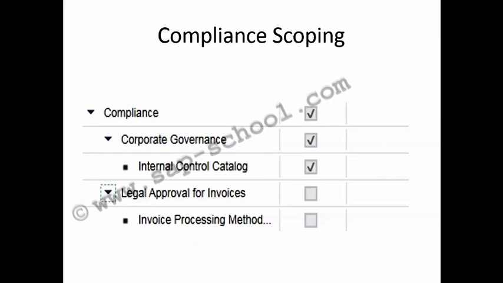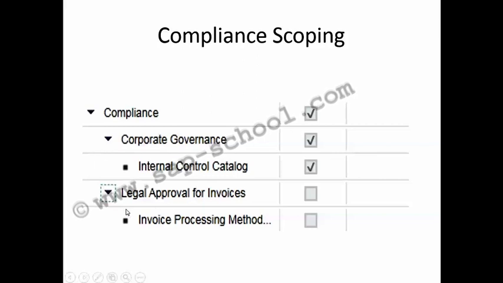Under the compliance, first of all, we have the corporate governance. So with the corporate governance business package, we can document the IT control activities and include the auditor work center to facilitate the year-end accounting audits. After that, we have the legal approval for the invoices.